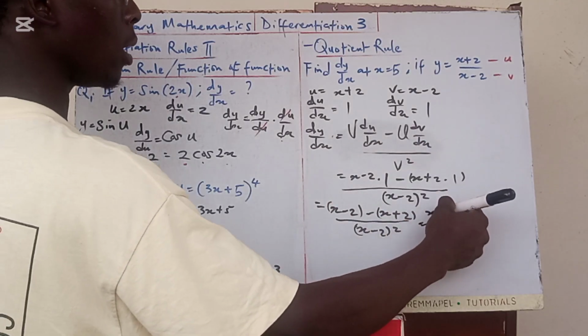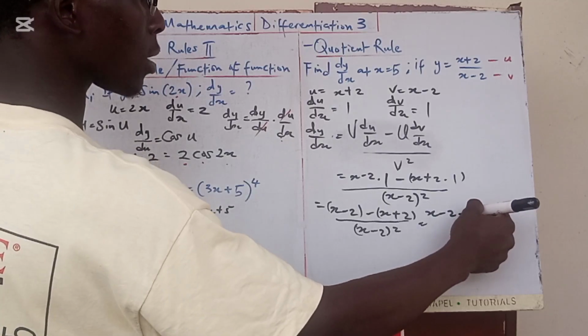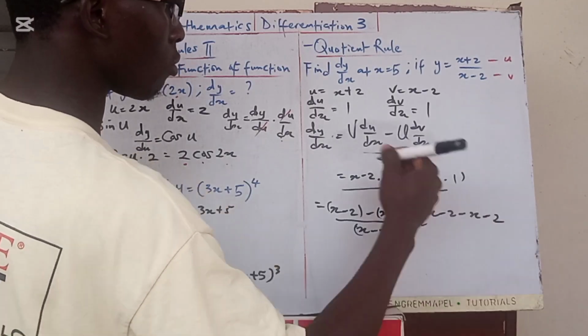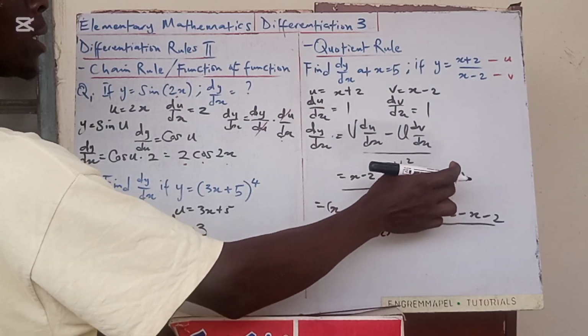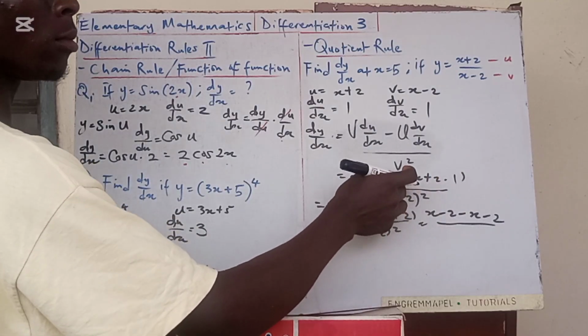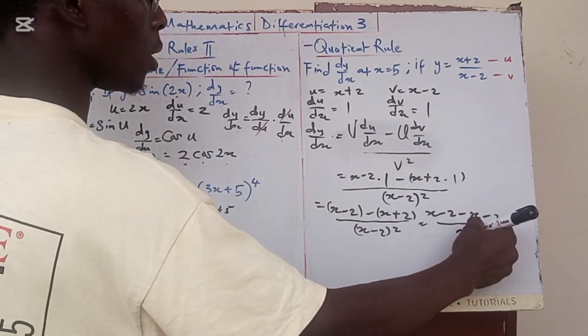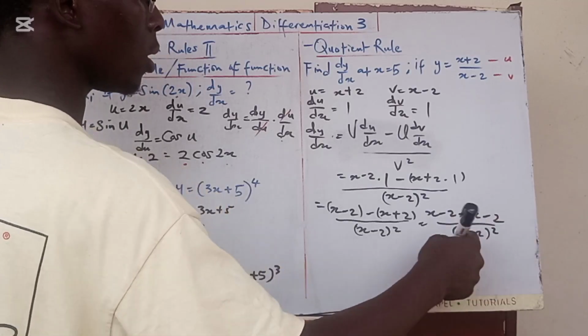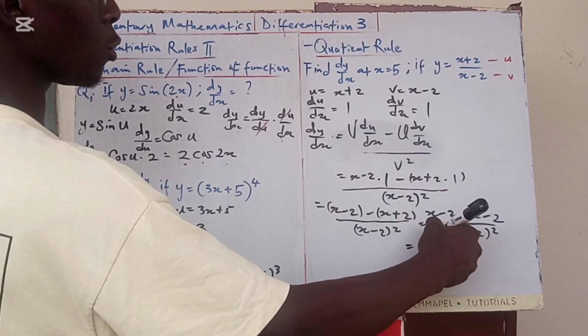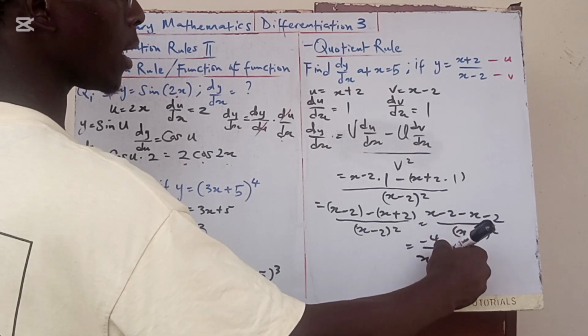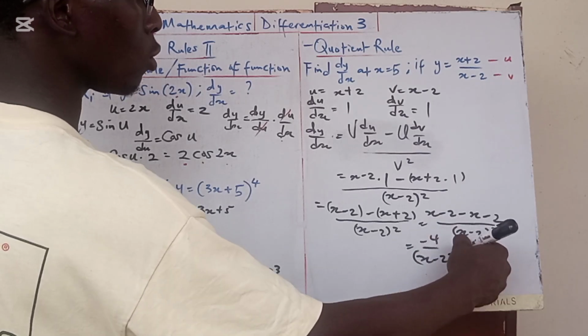So we're having x minus 2 minus x then minus 2. Because of the bracket, there's a subtraction in the middle. So it will be x minus x is 0, then minus 2 minus 2, that will be minus 4 over (x minus 2) squared.